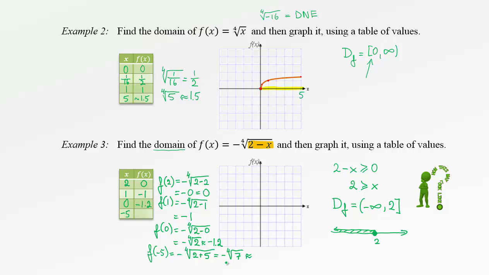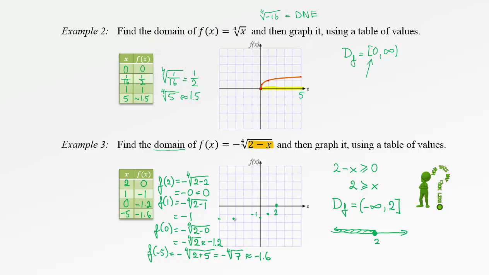And again, estimate using the calculator: negative 7 to the exponent 1/4 is approximately negative 1.6. Okay, let's record this, negative 1.6. Now we can plot all these points and see how the graph looks. So (2, 0) is here, (1, negative 1) is over there, (0, negative 1.2) is approximately here, and (negative 5, negative 1.6) looks like it's somewhere here.